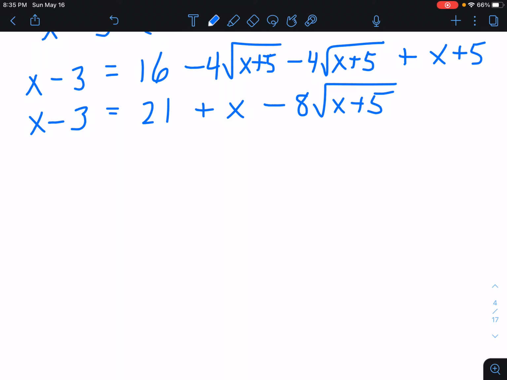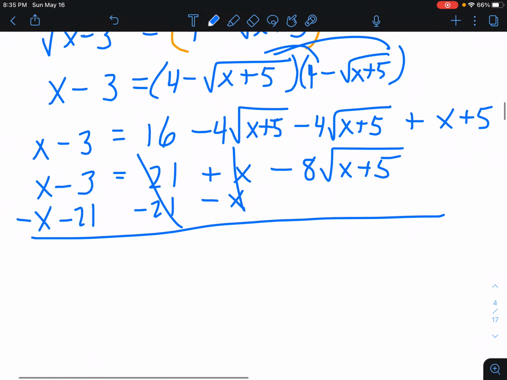Let's do what we've been doing with these radical equations. Let's get the radical by itself. You always want to be working on getting a radical by itself. So I'm going to move this term to the left, this term to the left. So I'm going to subtract 21 from both sides. And I'm going to subtract x from both sides.